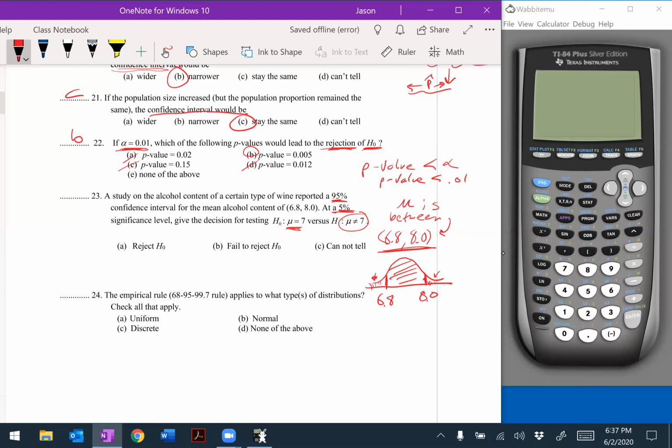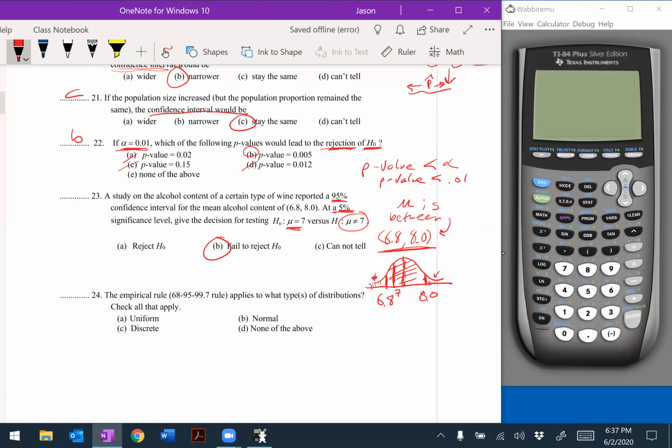So all I have to do is say, well, is 7 between 6.8 and 8.0? And it is, which means I fail to reject.